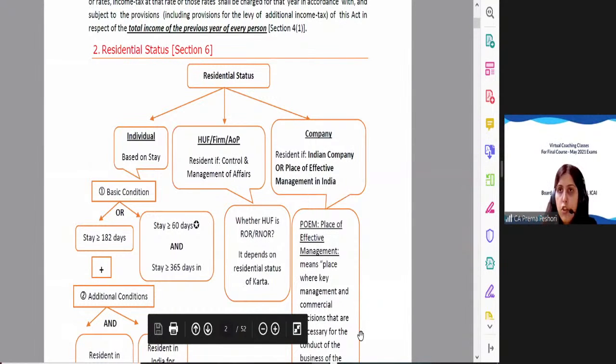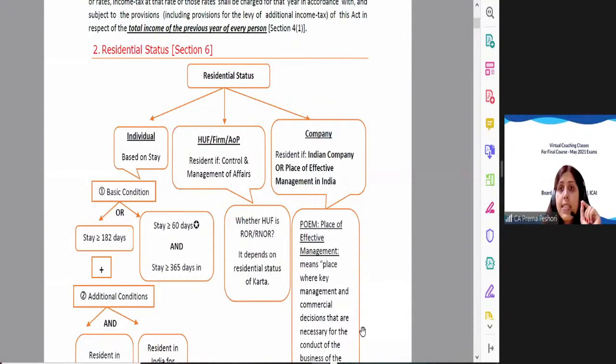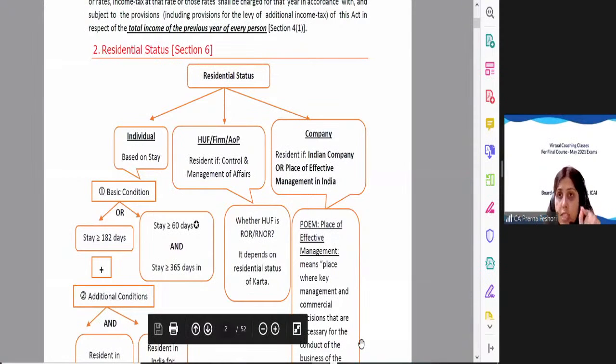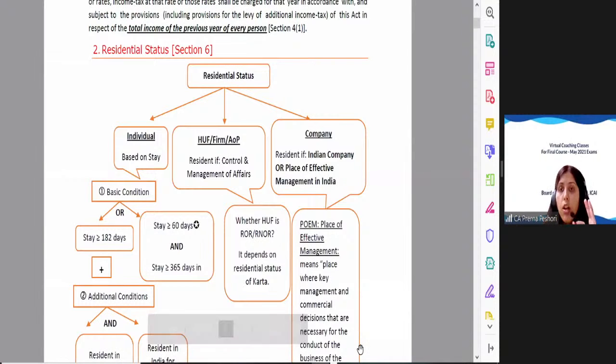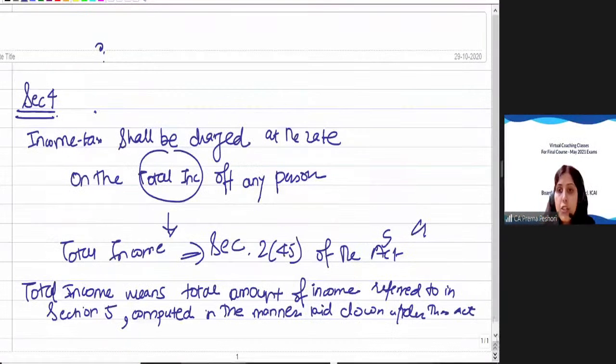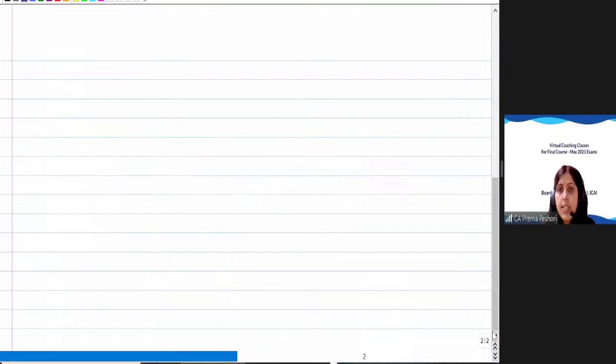For an individual, the residential status is determined based on the number of days of stay in India. Clear? Now, we have two conditions for residential status in India. Condition number 1 is the basic condition.